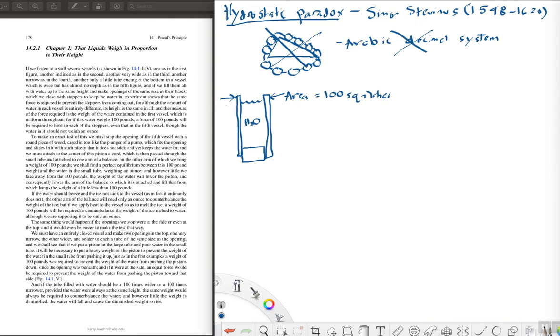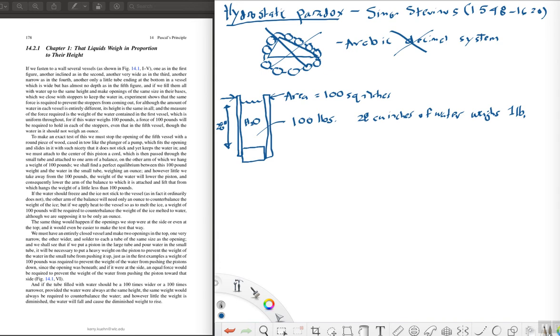And if this water is 28 inches tall, then the weight of this water is going to be exactly 100 pounds of water in this tube. And that is because 28 cubic inches of water weighs about 1 pound.